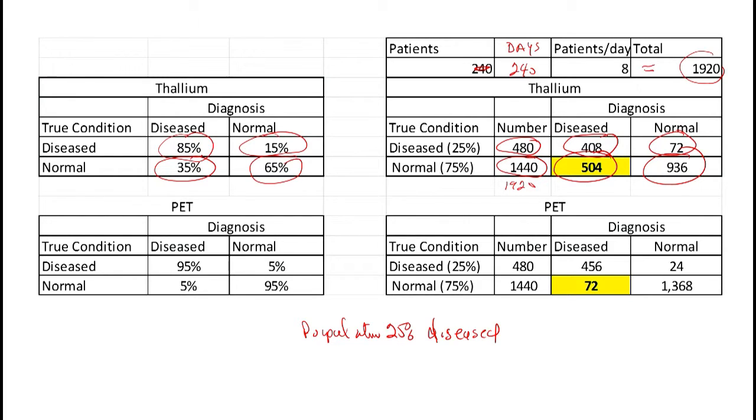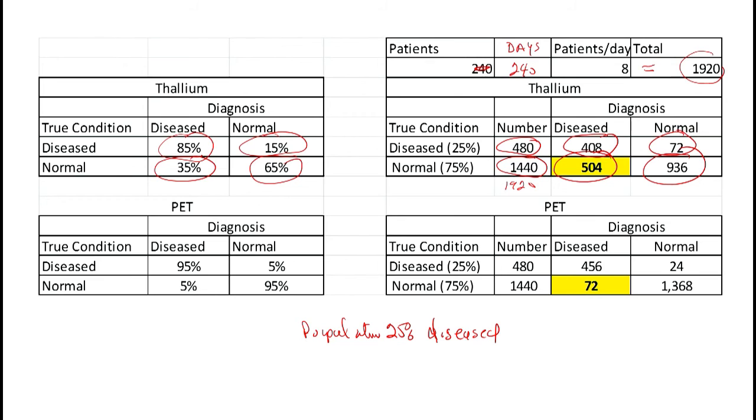Let's go down to the PET scanner. Clearly, the PET scanner is much better. It does a better job of screening, and the numbers reflect that. So we go down here and look at it, and again, we have 1,920 people, 480 are diseased, that's 25% of the 1,920, and 1,440 are normal.